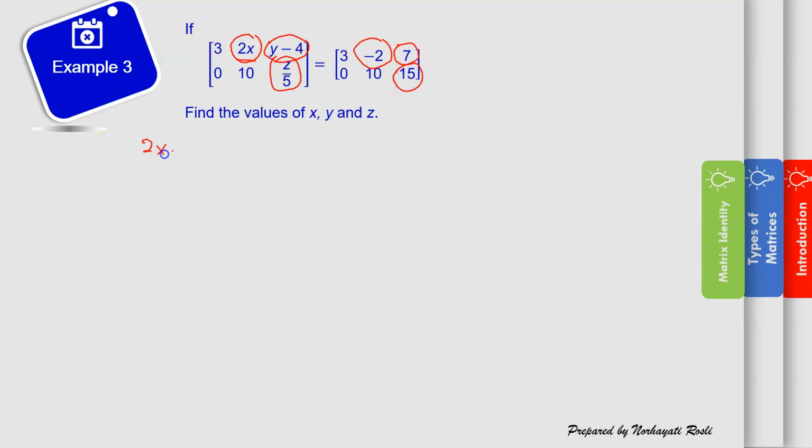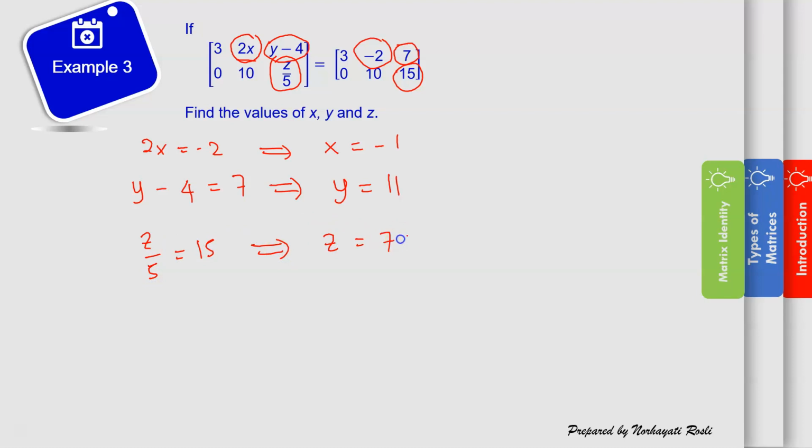So 2x equal to -2 implies that x equal to -1. And then y minus 4 equal to 7 implies that y equal to 11. Next, z over 5 equal to 15, so this implies that z equal to 75. So this is the answer for x, y, and z.